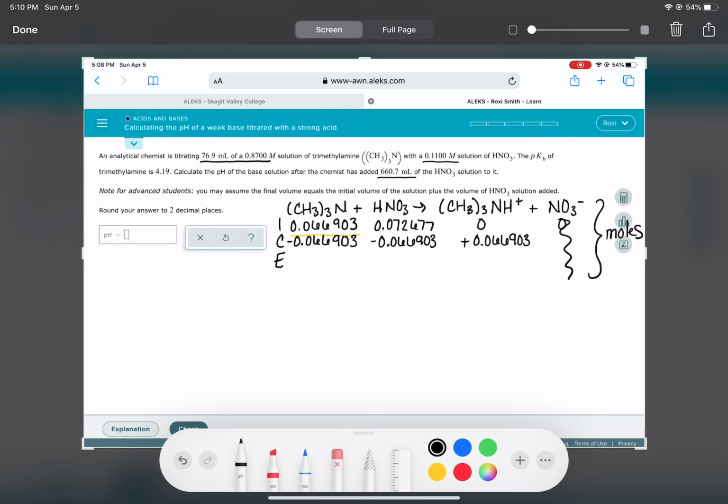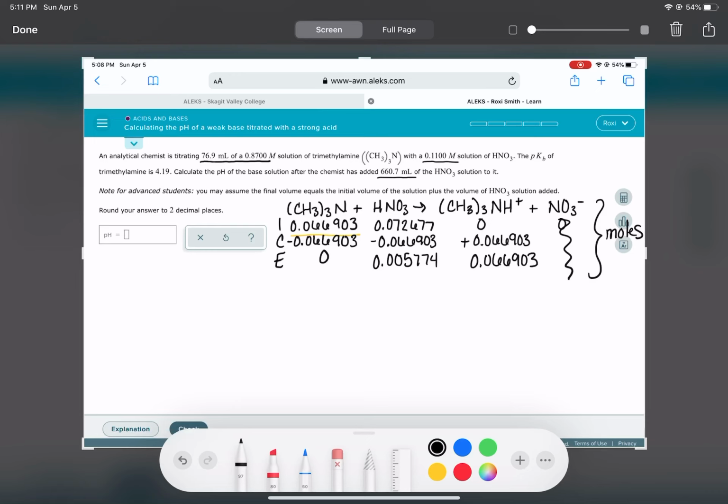He's kind of like water. That's a neutral anion, has nothing to do with the pH, so we're just going to ignore it. So at the end, we have none of this. We have 0.072677 minus 0.066903. We have 0.005774 moles of nitric acid and 0.066903 moles of our product.